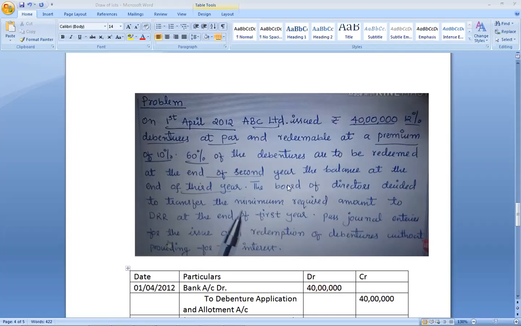Means you will be redeeming 60% of 40 lakhs. What is 60% of 40 lakhs? 24 lakhs, right?